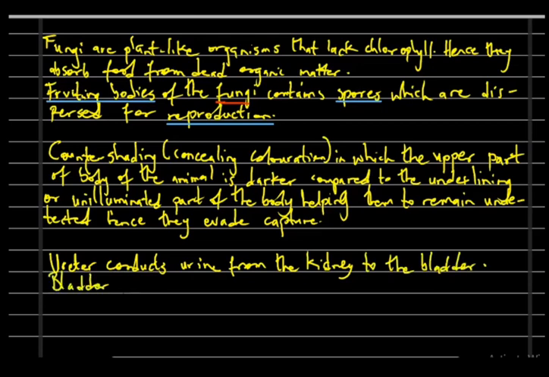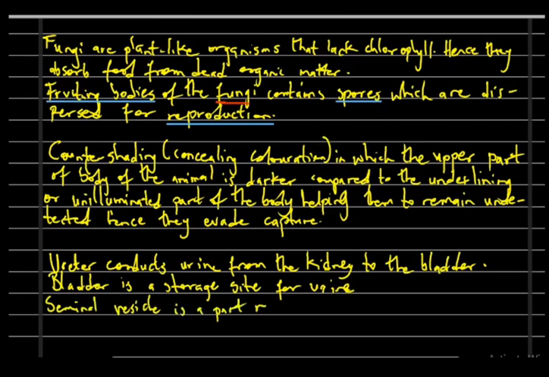So the bladder is just a storage site for urine. And then we have the seminal vesicle, which is also a part responsible for sperm production.